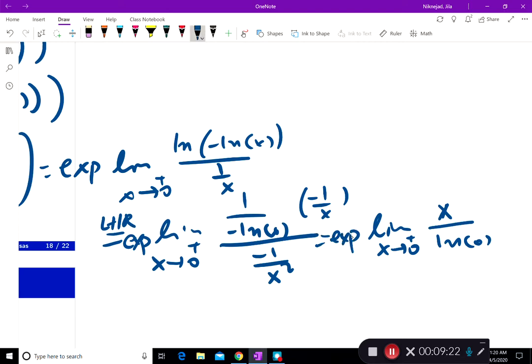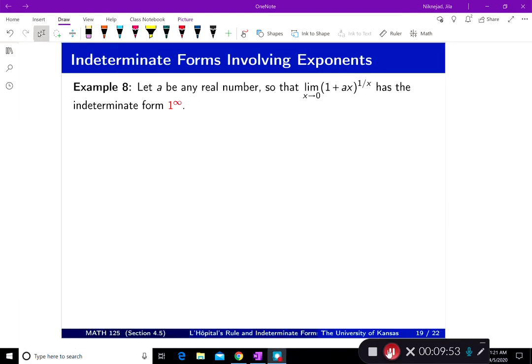As x approaches 0, ln of x is going to approach negative infinity, and so it would be 0 over infinity. This is not an indeterminate form, and this is going to be equal to 0, and so it's again exponential of 0 equal to 1.